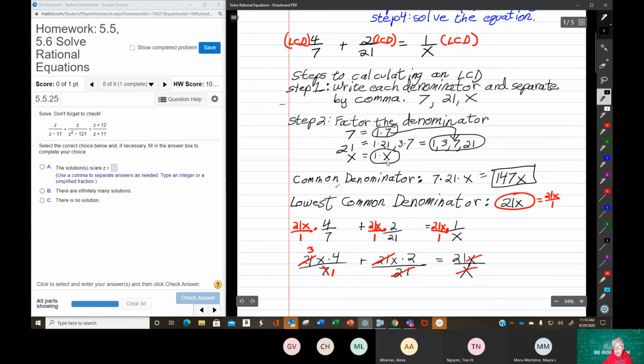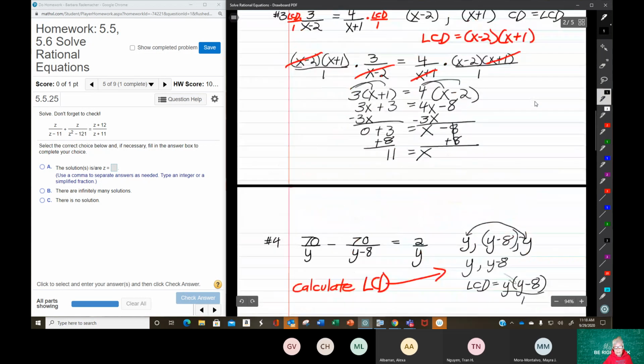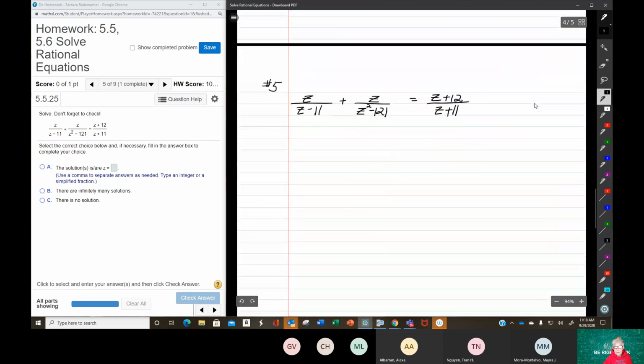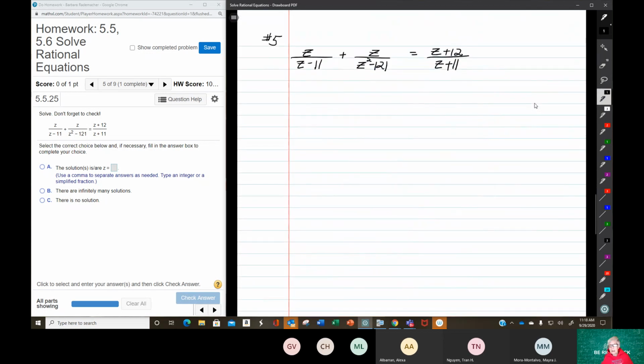What I did here was I calculated the LCD by factoring everything. Well, here, I'm going to do much the same thing. I don't have room over here for all this, so I'm going to write the three denominators right here.